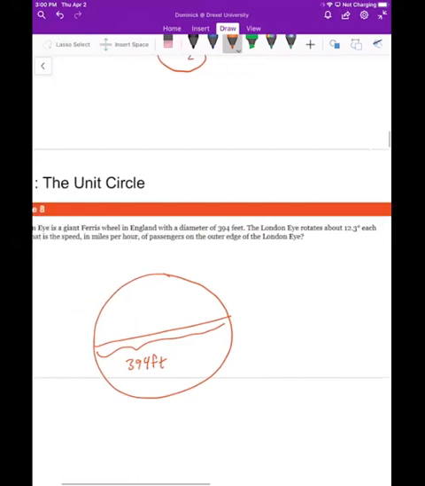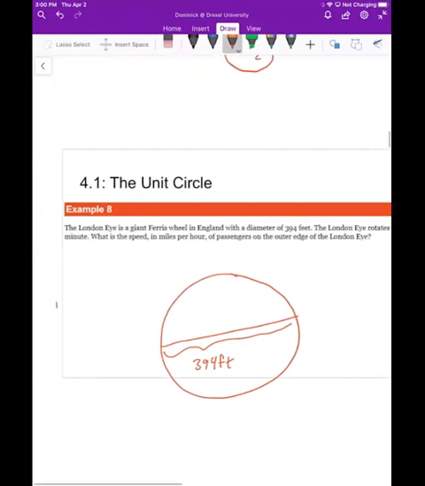Okay, now we're told that it rotates 12.3 degrees each minute. And we want to know what is the speed of the passengers on the outer edge of this circle.